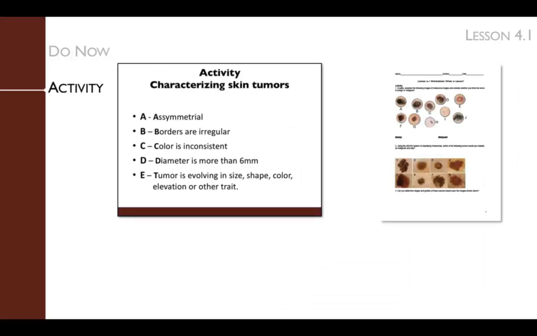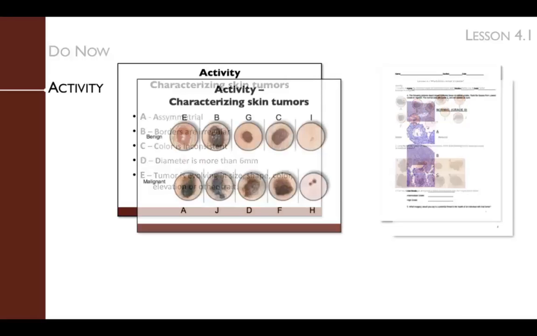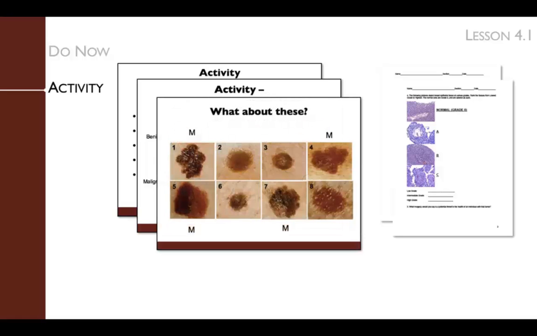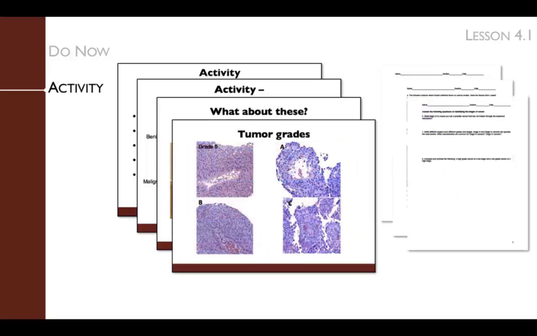Students will use this criteria they saw before to identify whether the tumors pictured are benign or malignant. They will then classify the grade of a cross-section of epithelial cells arranged around a lumen, from lowest to highest. Note that image C has the highest grade because the cells in the tissue look most abnormal compared to the grade 0, and the structure of the tissue is disorganized.